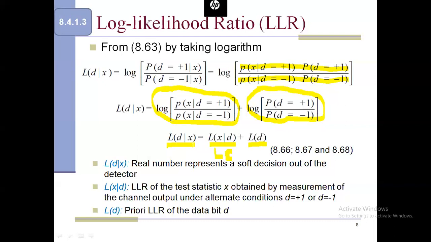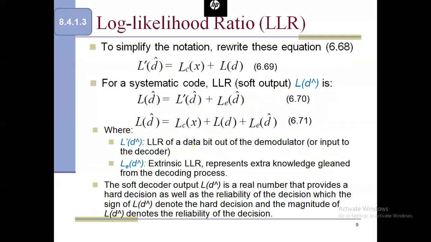So let's see how we can modify this. The expression can be modified so that the estimated data bit of the detector is the channel stats and the data value which is known.